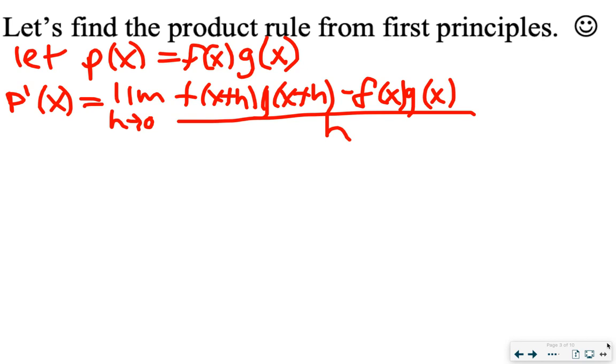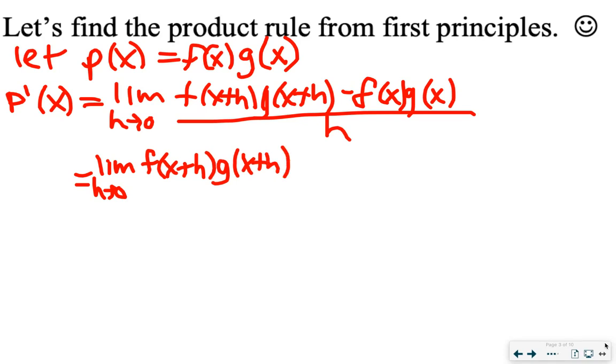Okay, I'm going to force in a couple of terms there. I'm going to have the limit as h approaches 0. Ideally, I want to force something in so I can get to a point where I can common factor between a couple of things. My first term is still there. I'm going to subtract f of x plus h times g of x.